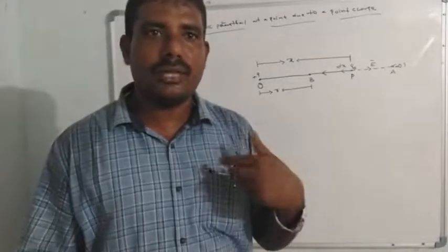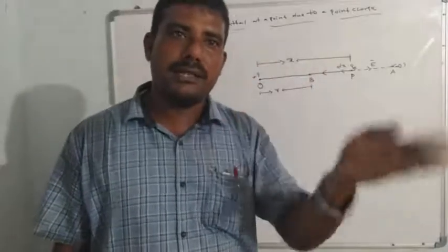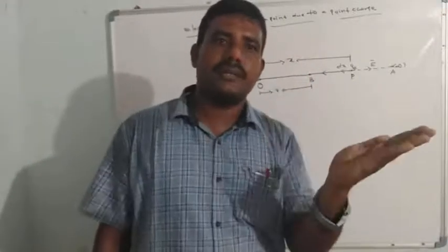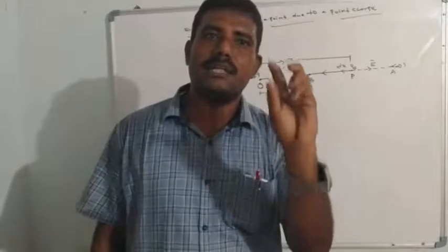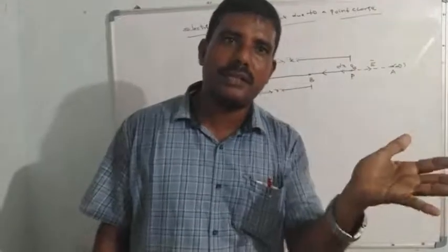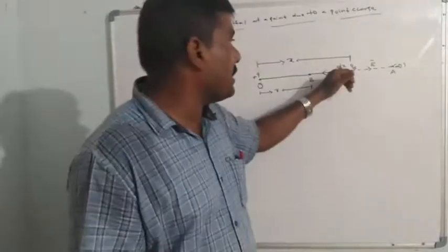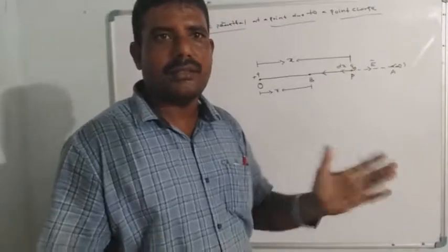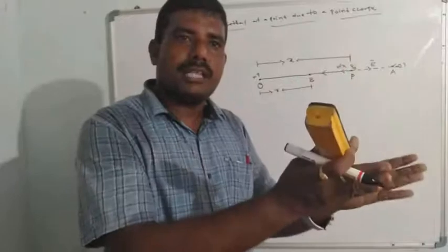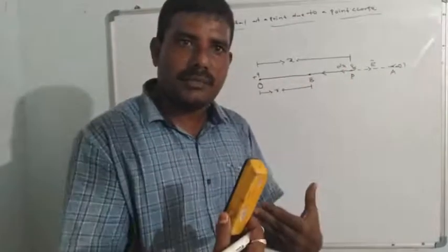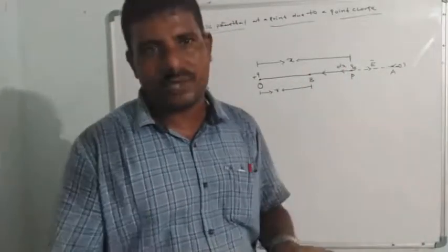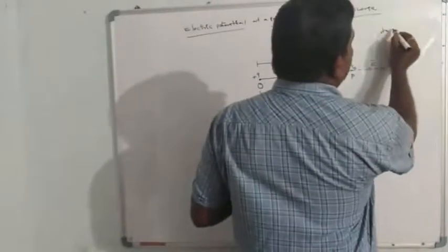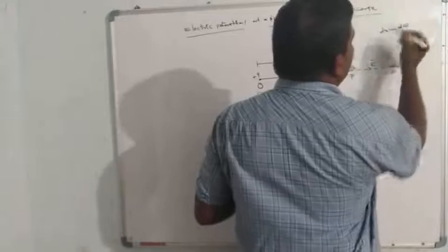According to this, when we apply an external force on the test charge, the charge moves a small displacement, which is dx. When the charge gets a small displacement, the work done is also very small. That means in a dx displacement, the work done is dw.